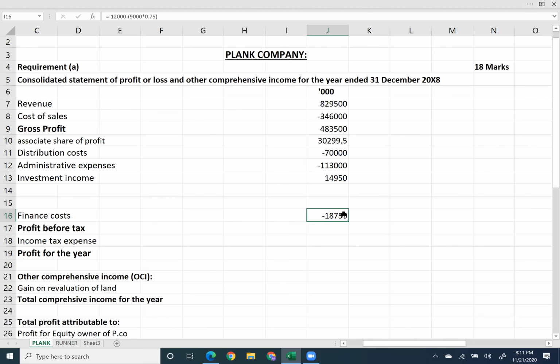That is intercompany. And then that 9,000 was complete for 12 months. And I have a conflict with the solution as well.